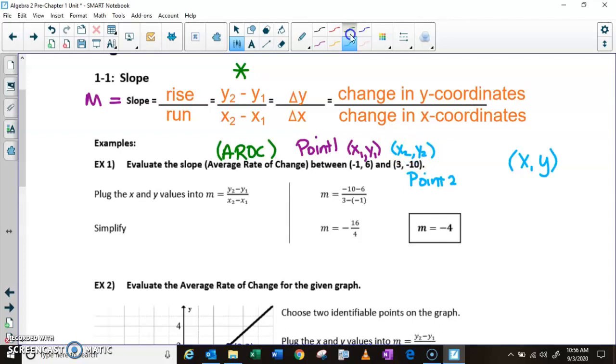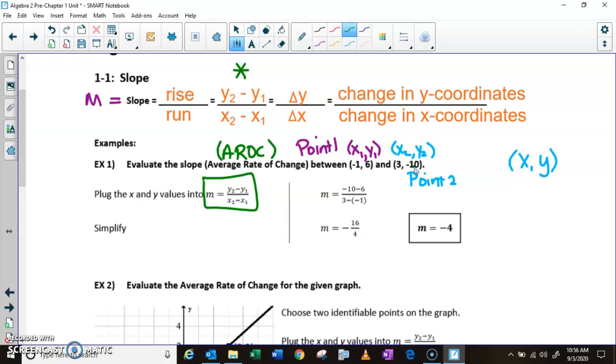We can then substitute into my formula for slope, y2 minus y1 over x2 minus x1, and substitute in the values into your formula. The value for y1 is 6, so we have -10 minus 6, divided by the change in the x's, 3 minus -1.